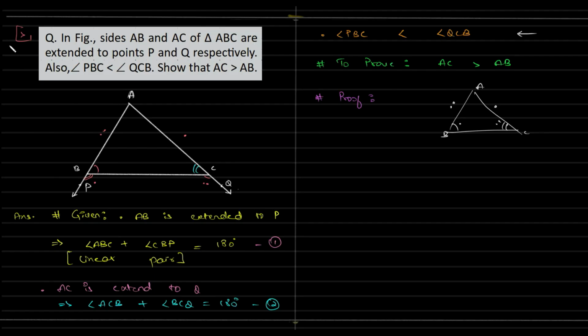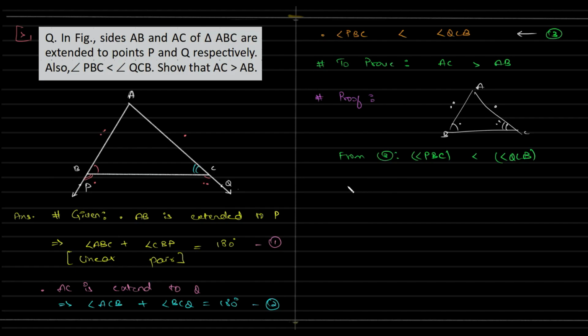Now how do we figure this out? From 3 we have angle PBC, which is smaller than angle QCB. Angle PBC and angle ABC are related. How?